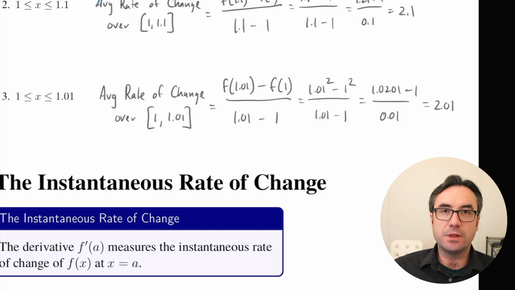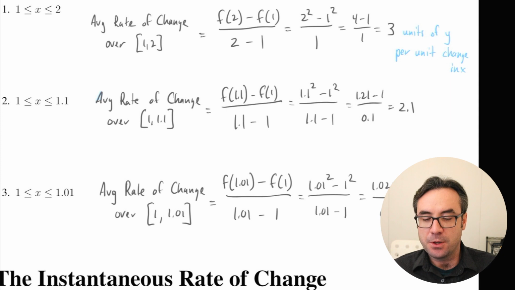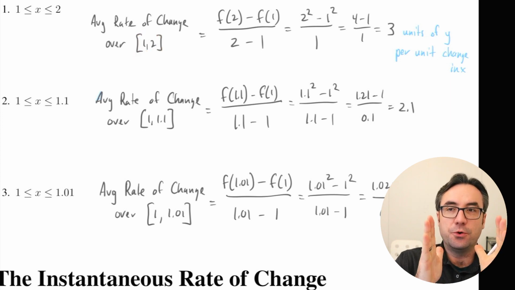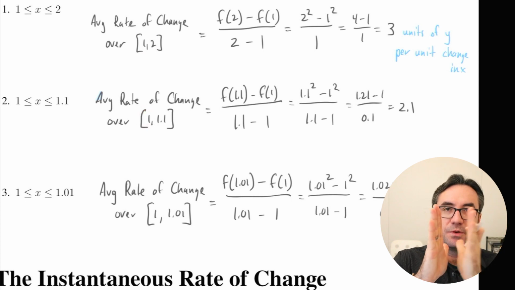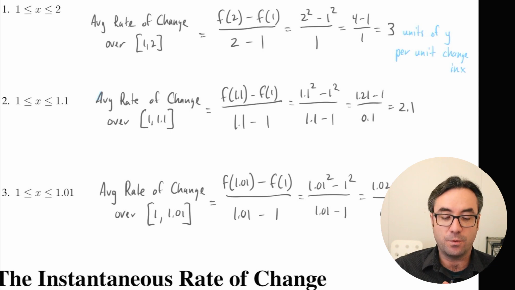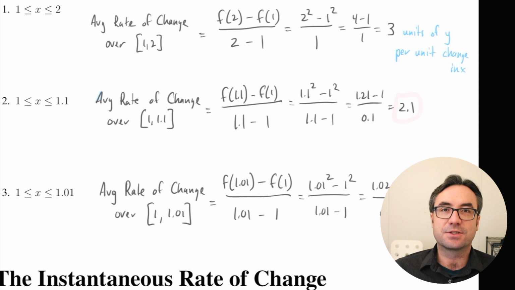And so when we look at these values, as we shrink this interval, notice we're going from an interval 1 to 2. Then in the next one, we've gotten much closer to 1. We're looking at the interval from 1 to 1.1. And we see that our average rate of change has gone down.